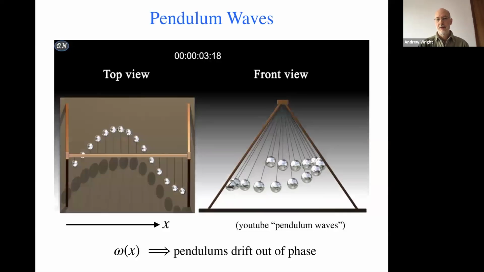Another way I could drive this system would be, rather than give it that impulsive nudge, which we regard as a broadband driver, so we excite a broad range of frequencies in the pendula, another way of exciting would be to take this support point here and just oscillate it back and forth at a single frequency.